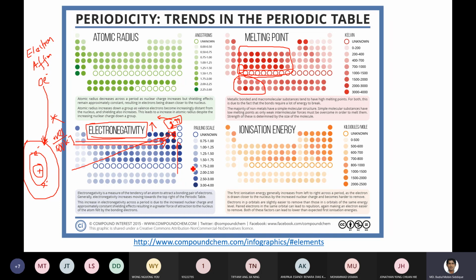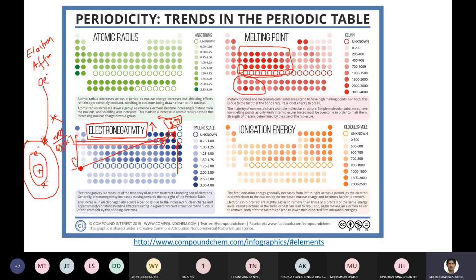From top to bottom, we might say it is increasing, but from bottom to top it does not convey the trend, because it does not increase in that sense.